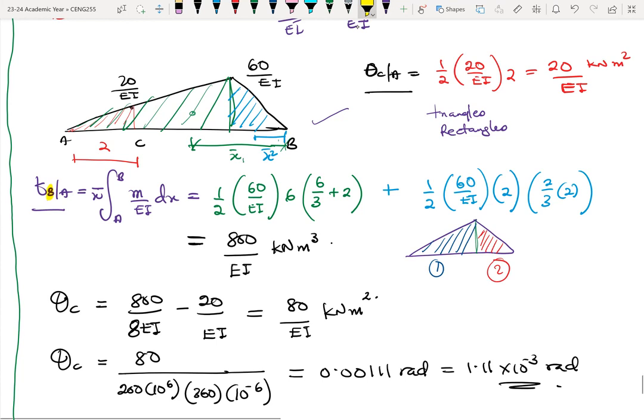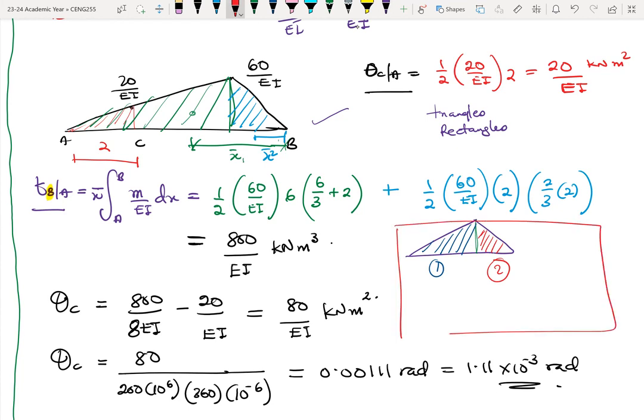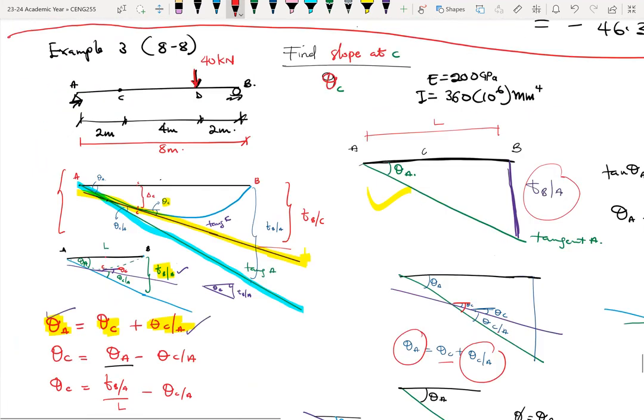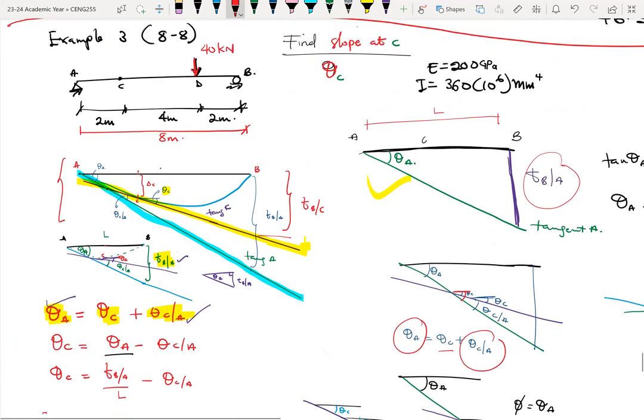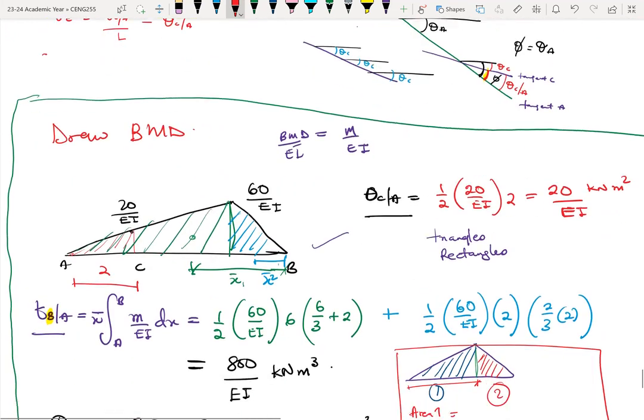So if I look at region one, the area, let me just put this on the side. The area of region one is simply the area of that shaded portion, half base times height. The length here, going back to the problem, the length between A and D is 6 meters.